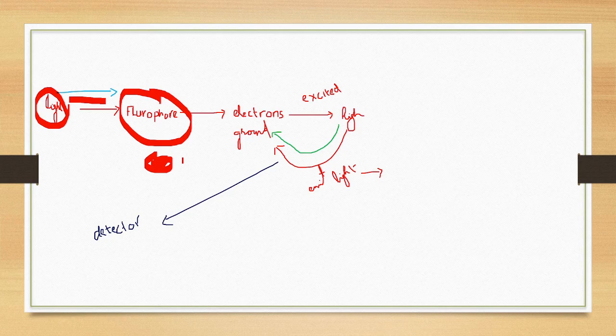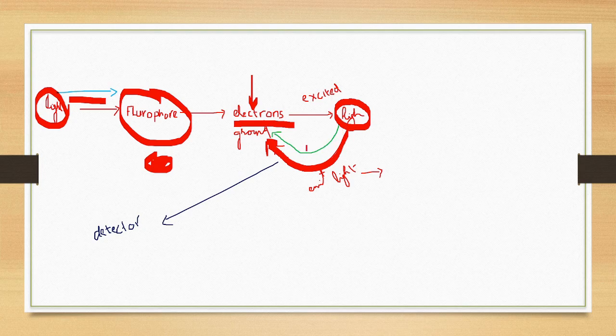When it absorbs the blue light, the electrons in the fluorophore molecules in the dyes get excited and move to a higher energy state. Here they are in the ground state. When the photon strikes the fluorophore molecules, the electrons get excited and go to a higher energy state. They stay there for a short fraction of a second and then come back to the ground state.